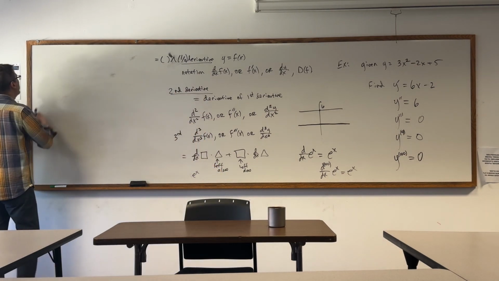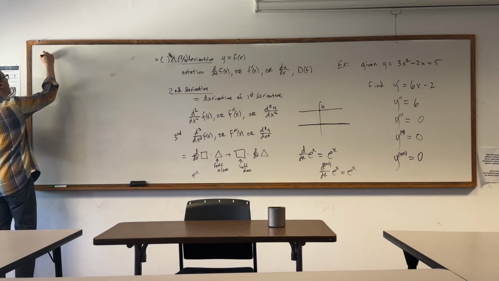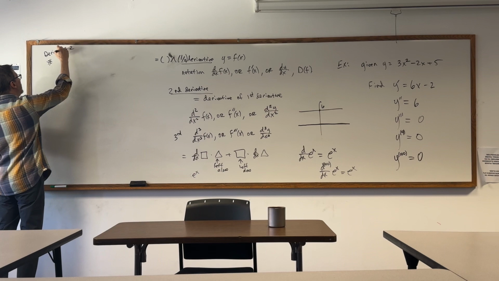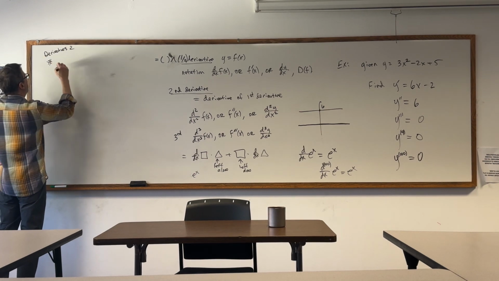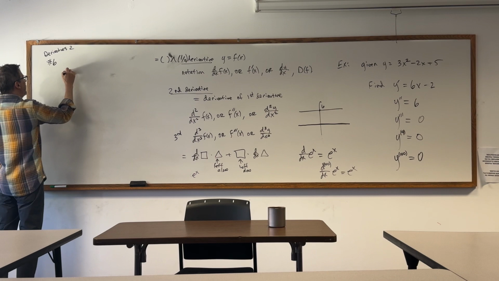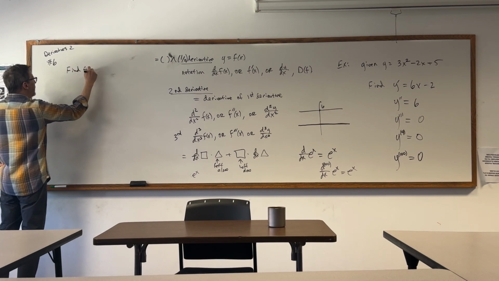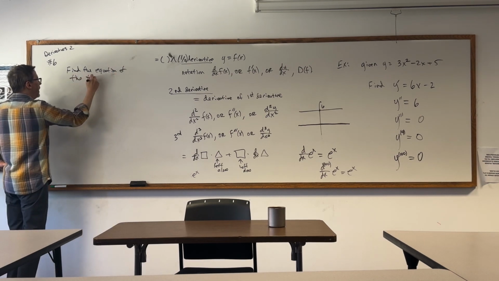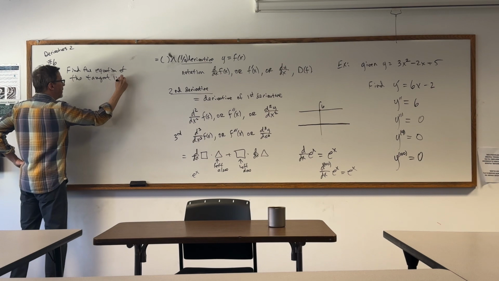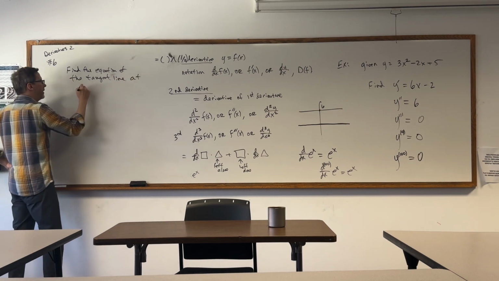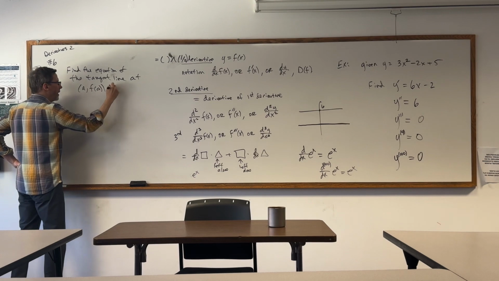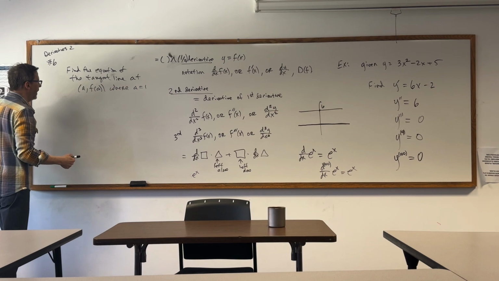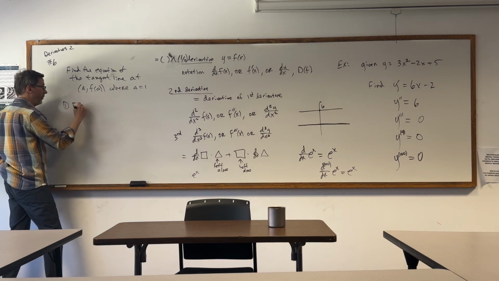So in question 6, and this is derivatives 2, it asks you to find the equation of the tangent line at the point A, f of A, where Hannah's got A equals 1. Everybody will have slightly different answers. So step 1 is find the derivative.